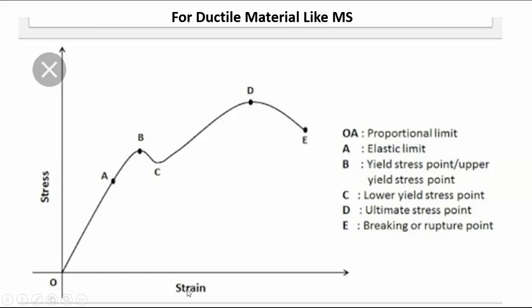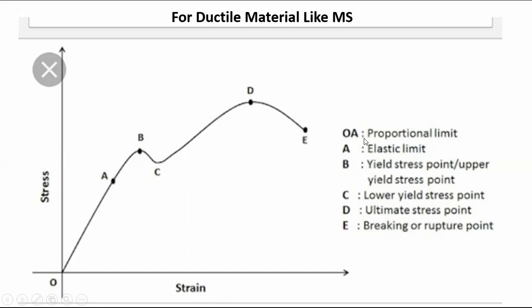Keep in mind, we always keep strain on the x axis, as strain is the independent quantity. You may have studied this in 10th or 12th classes. So we cannot put strain on the y-axis and stress on the x-axis. And then we will discuss all the points one by one.